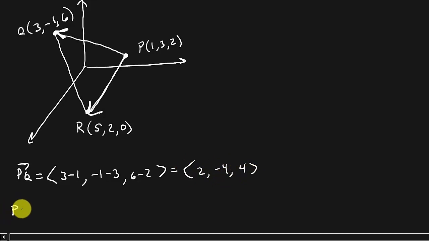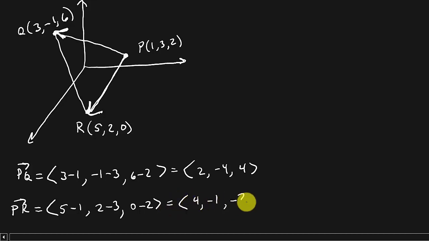And then if I take the vector PR, that's 5 minus 1, 2 minus 3, and 0 minus 2. And that's going to be the vector 4, negative 1, negative 2.